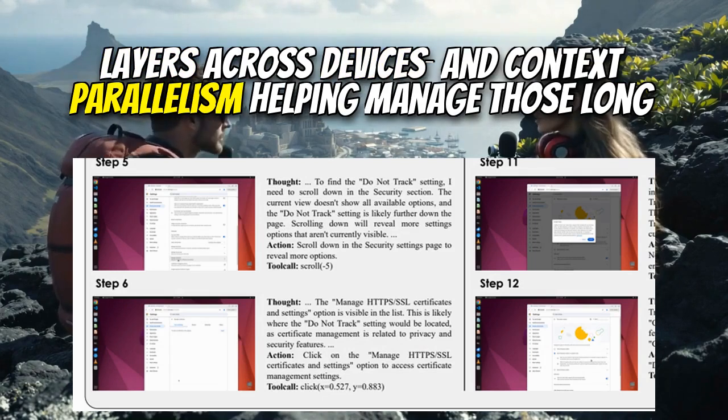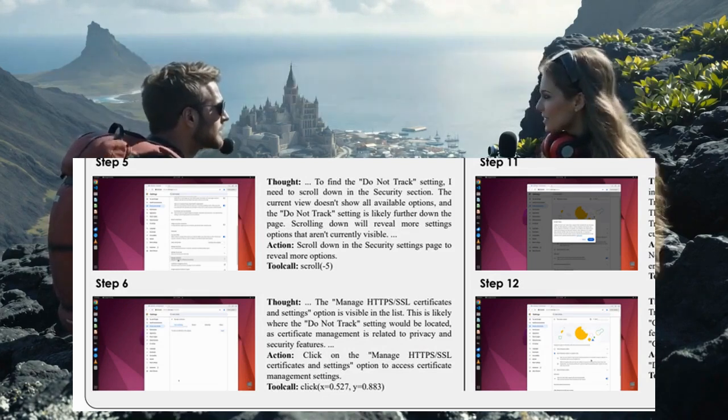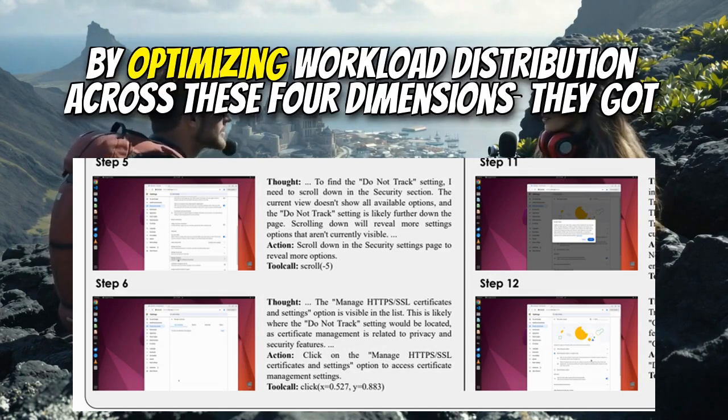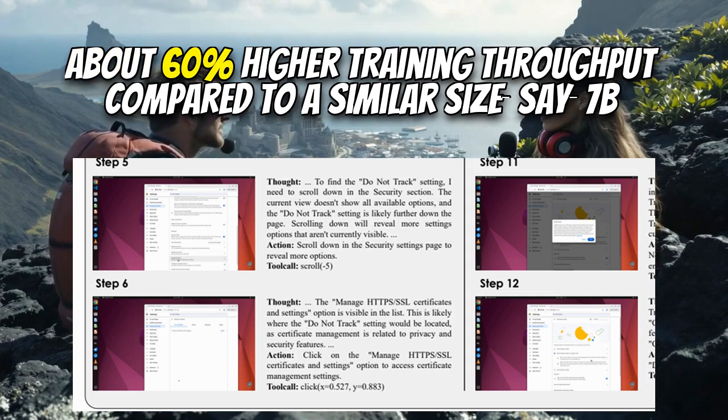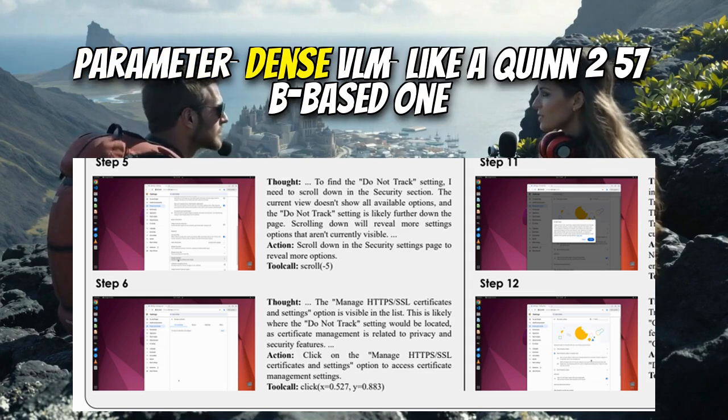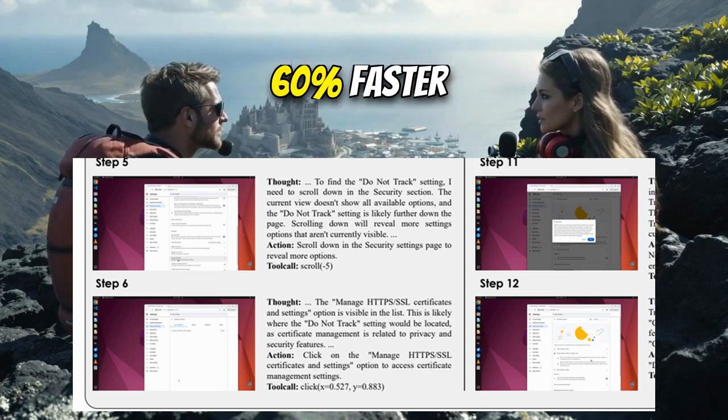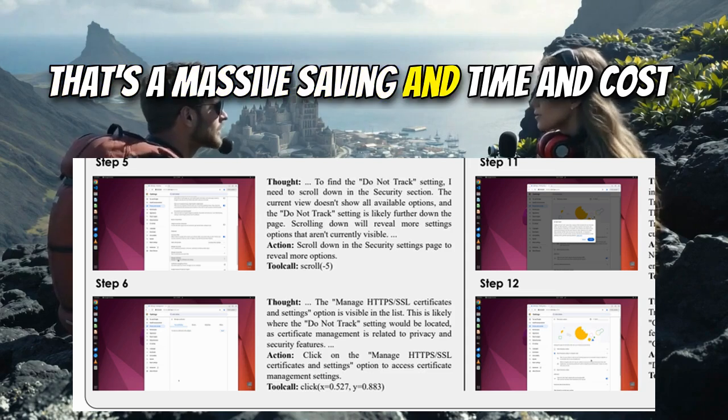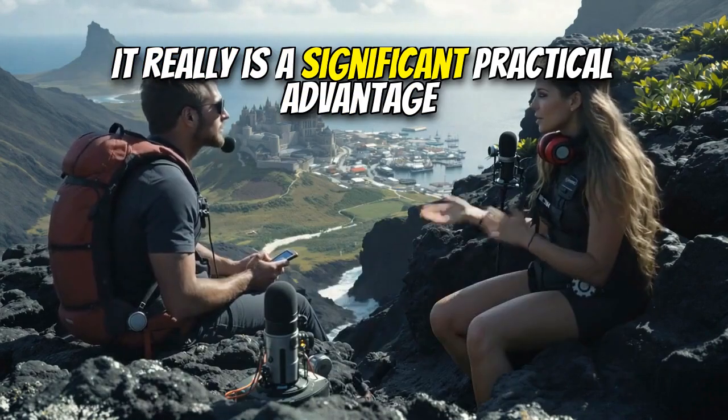And context parallelism, helping manage those long sequences. Combining all 4. Right. By optimizing workload distribution across these 4 dimensions, they got about 60% higher training throughput compared to a similar size, say 7B parameter, dense VLM like a Qwen 2.5 7B based one. 60% faster. That's a massive saving in time and cost. It really is a significant practical advantage.